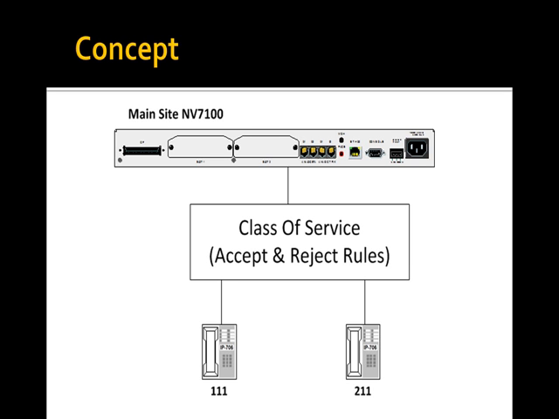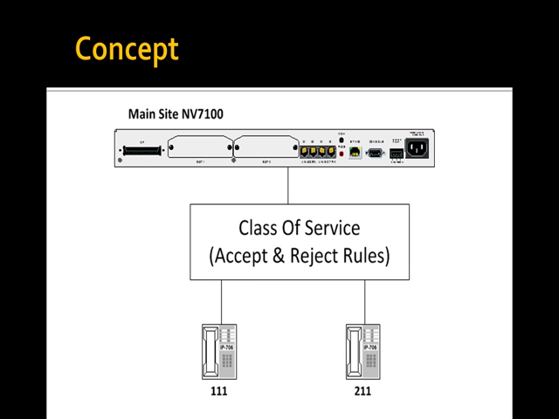So we're going to do a class of service whose interface is allowed to dial 2XX and 3XX, but not 1XX. Finally, our closed one can only dial extensions that begin with 3. So we're going to define a class of service that is only allowed to dial the template 3XX.